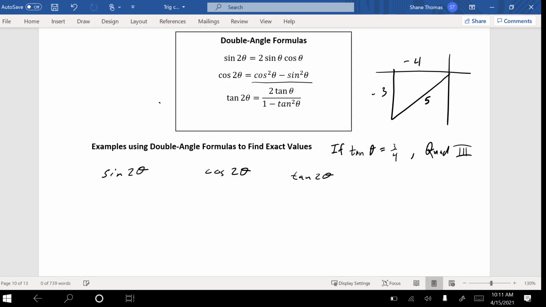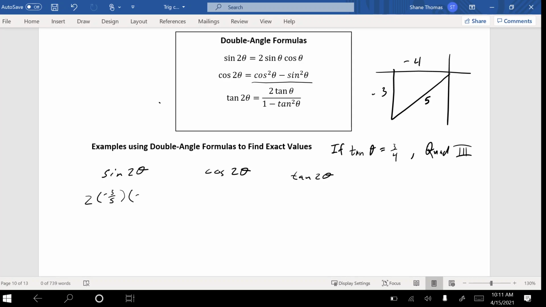5. All right, so sine of 2 theta. This one here, apply the double angle formula of 2 sine of theta cosine theta. So I have 2 times sine of theta. What's the sine of theta? Negative 3/5. Okay, what's the cosine of theta?